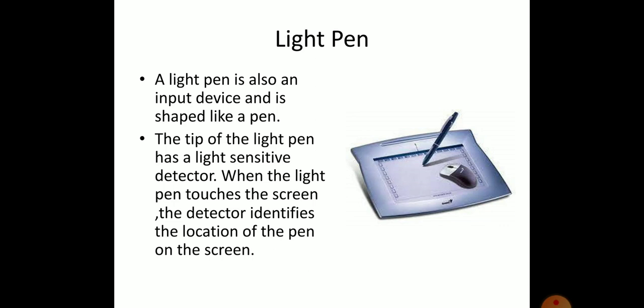Okay, the next input device is the light pen. A light pen is also an input device and it's shaped like a pen. But the tip of the light pen has a light sensitive detector.